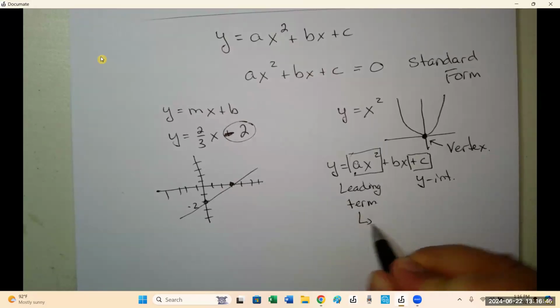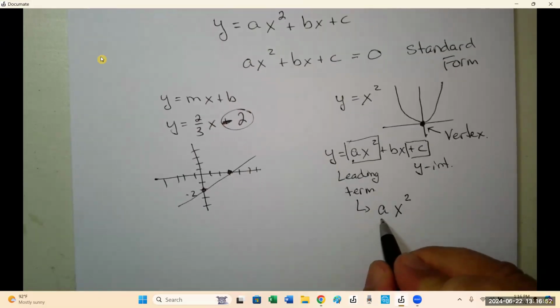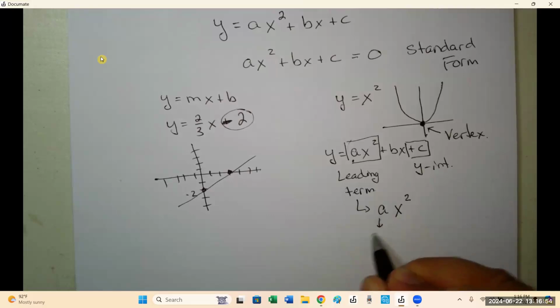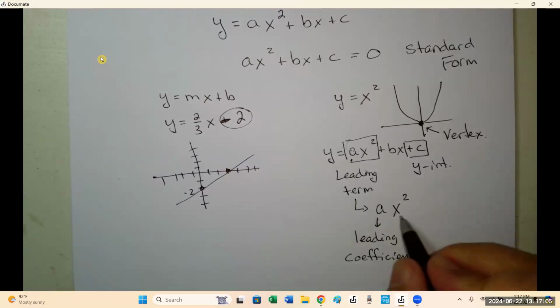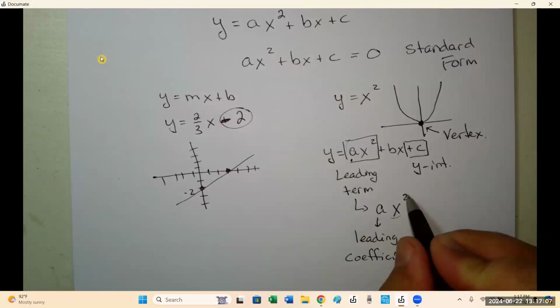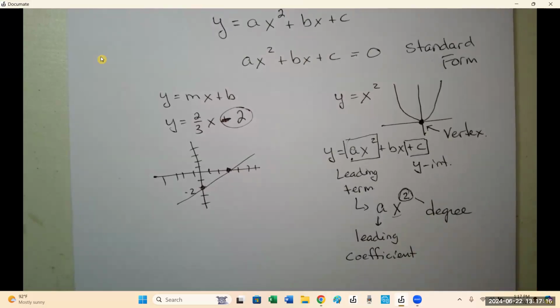The leading term is made up of two parts. The number in front is called the leading coefficient. And then you have the variable part. The exponent of the variable is called the degree. And that tells us a lot.